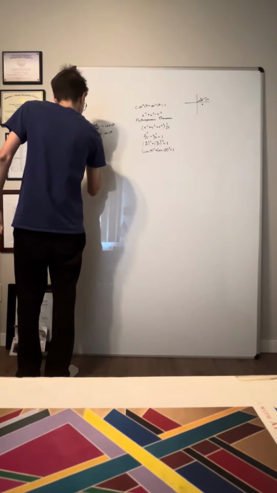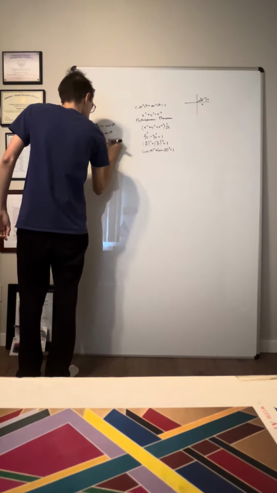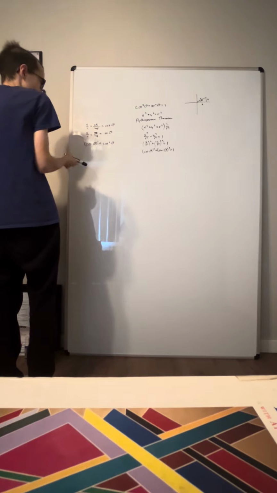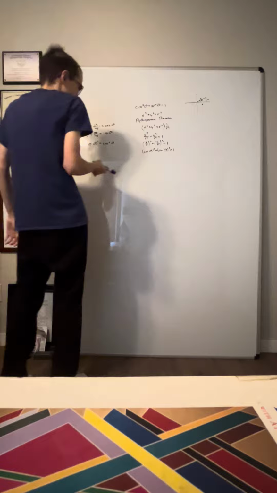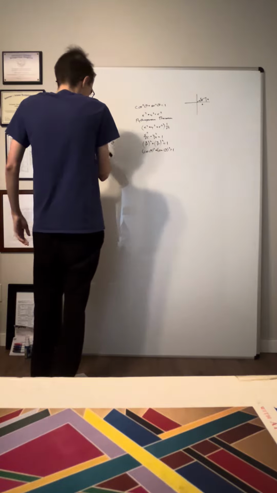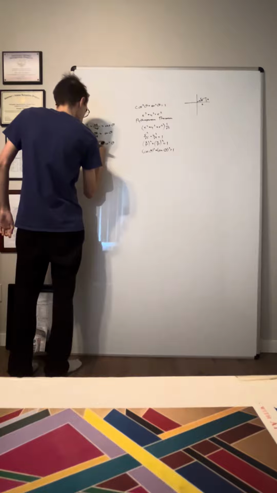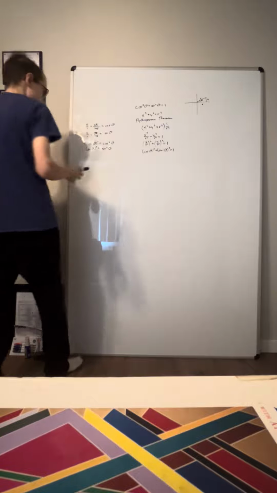So basically, cosine of the angle, squared, equals cosine squared of the angle. These are equivalent. It's a way of describing the same calculation. So likewise, sine of the angle, squared, equals sine squared of the angle.